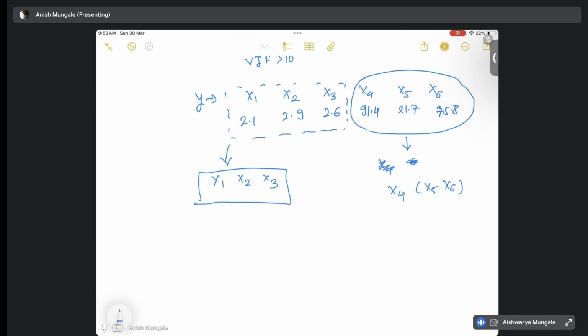Then x5 with x4, x6. Like this, make models, again calculate the VIF score for these. Then it will tell you if they have dependence. If they have dependence, just choose one of them. Then again do that: x1, x2, x3, x4.